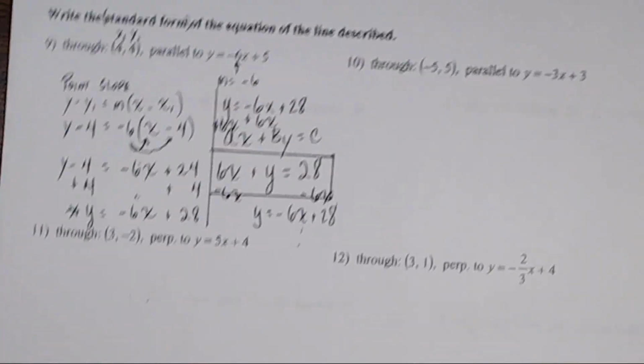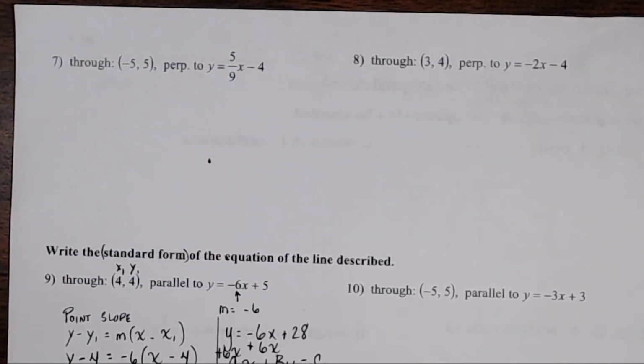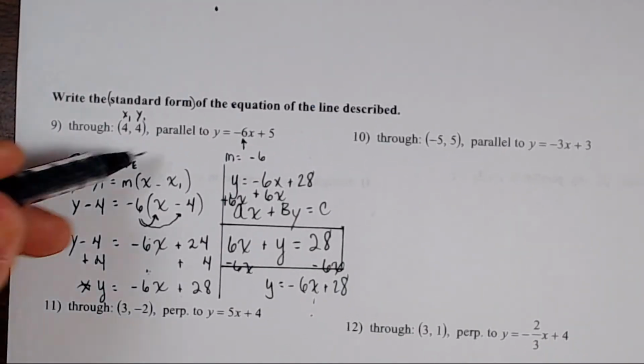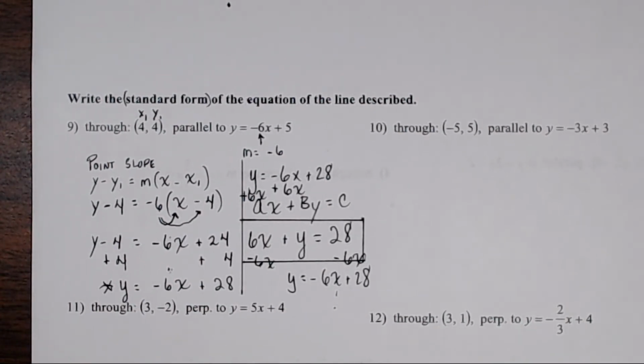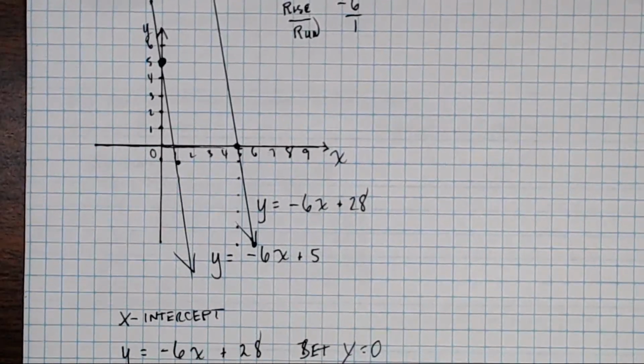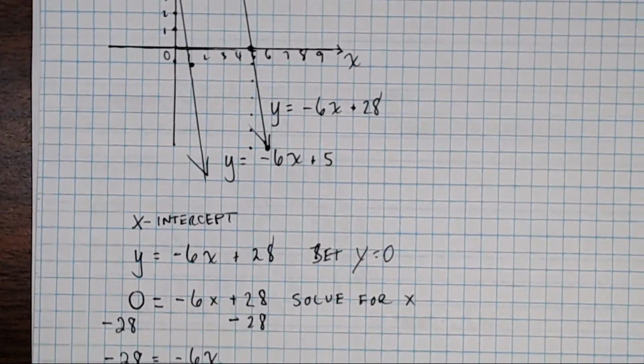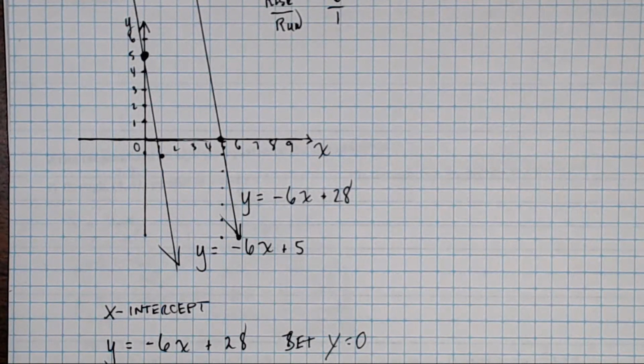So just to show that again, for number 9, I need to see all of this work, so freeze frame there and copy that down, and then I need to see all of this work. And I'll zoom out real quick to show the whole thing and then kill the video.